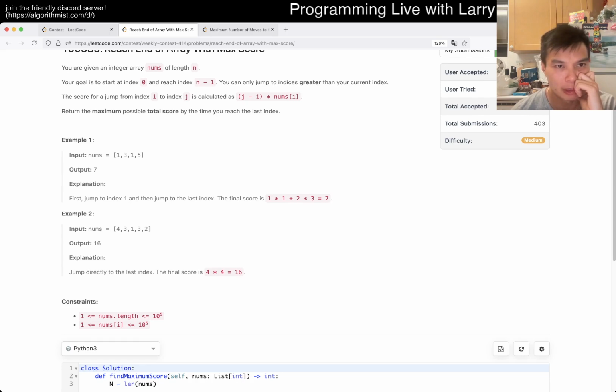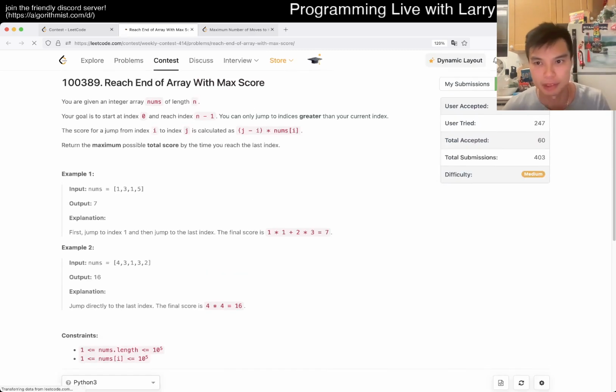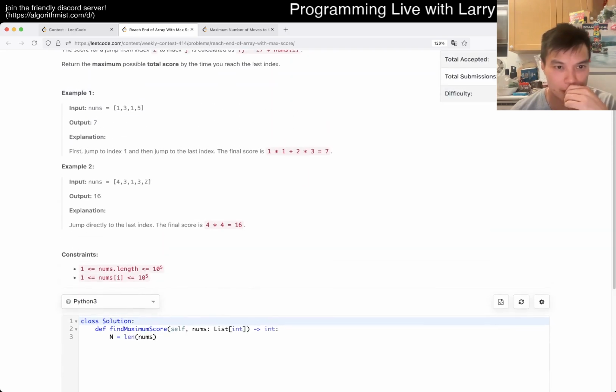It's a monostack thing, right? Because is it?